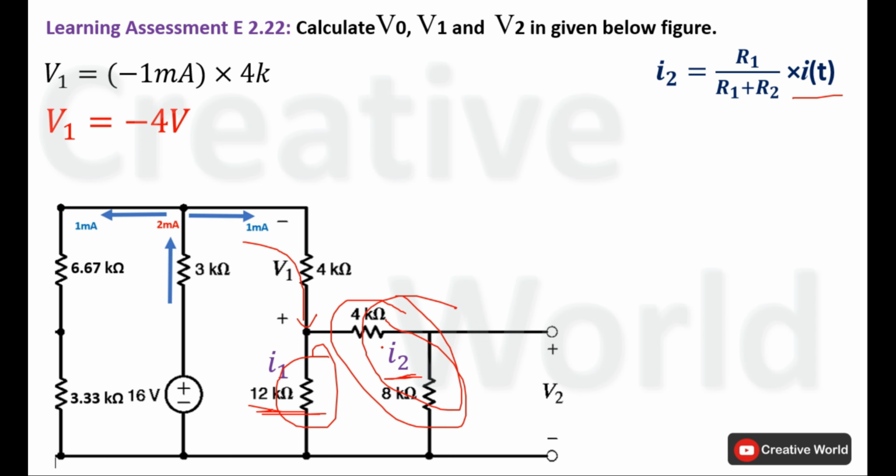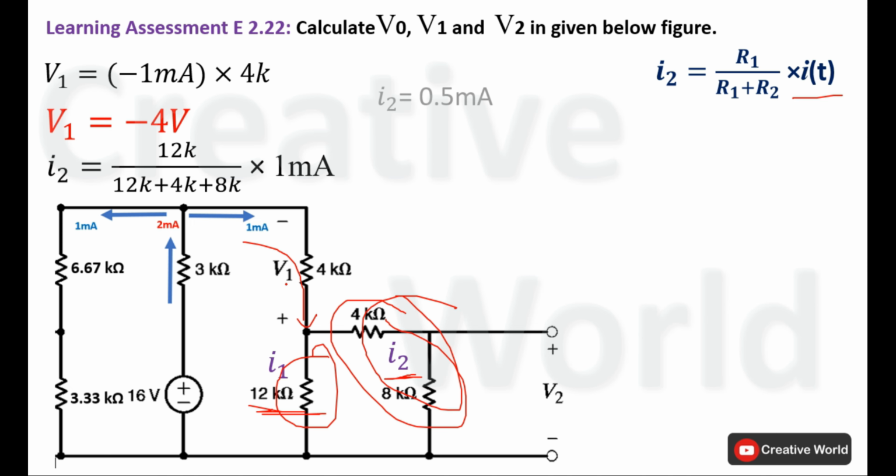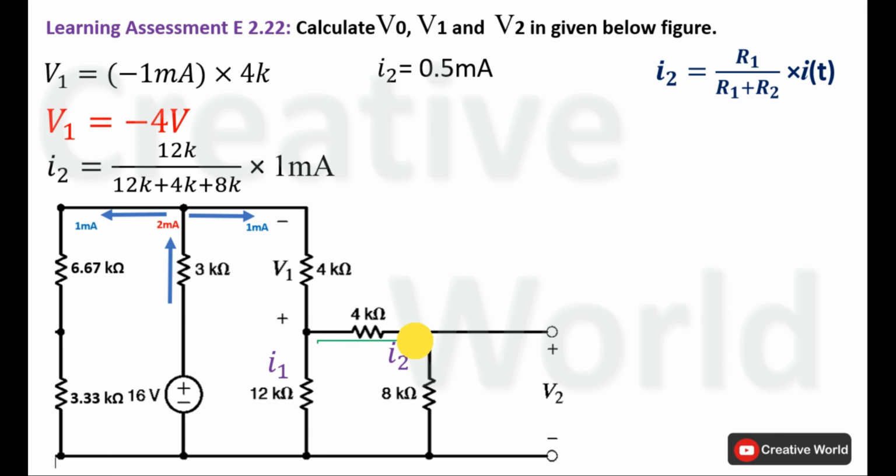Enter the values into the formula: I2 equal to 12 kilo ohm divided by 12 kilo ohm plus 4 kilo ohm plus 8 kilo ohm and multiply by total current, that is 1 milliampere. So the value of I2 will be 0.5 milliampere. Direction of current I2 will be this way, clockwise direction.